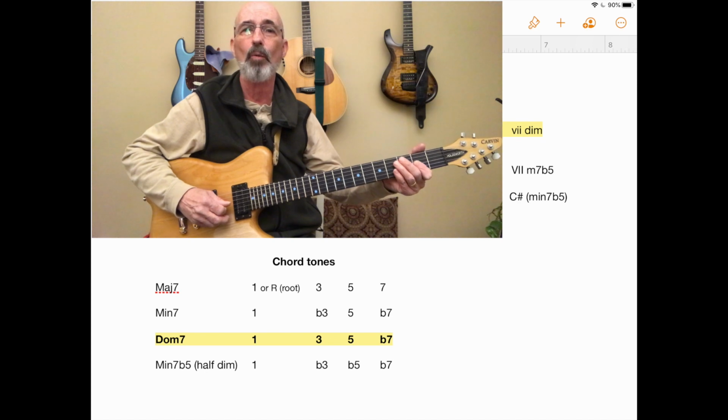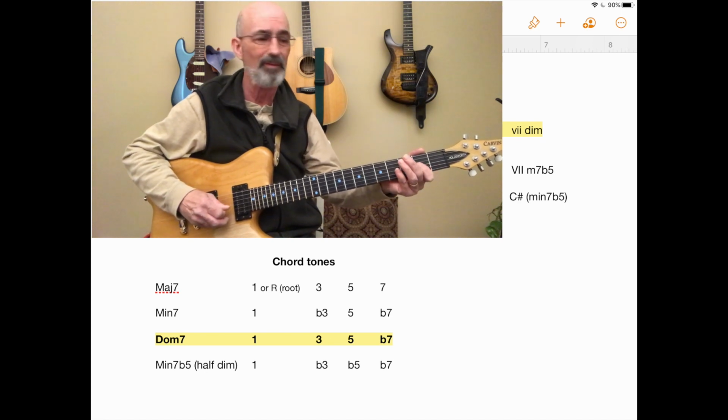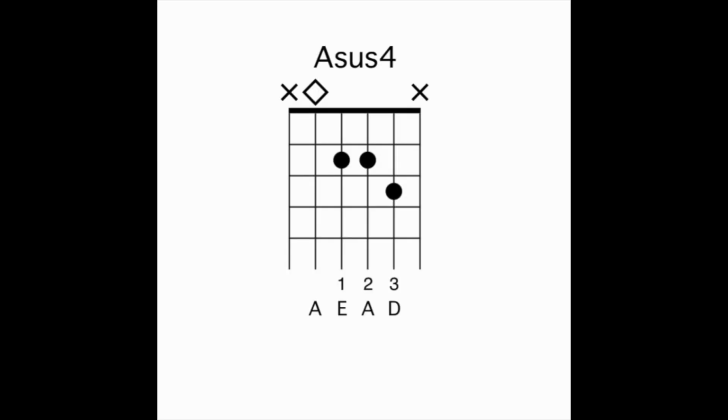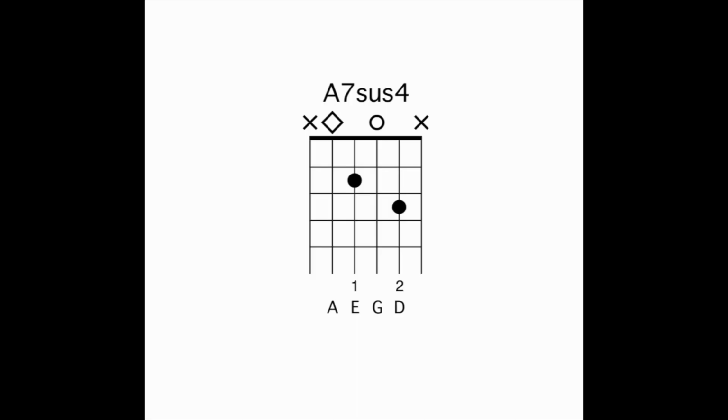In this case, we're going to have a flatted 7th. To build our chord, we're dealing either with a major, altering the 3rd to a sus, or we're dealing with a 7th chord, altering the 3rd to a sus, okay?